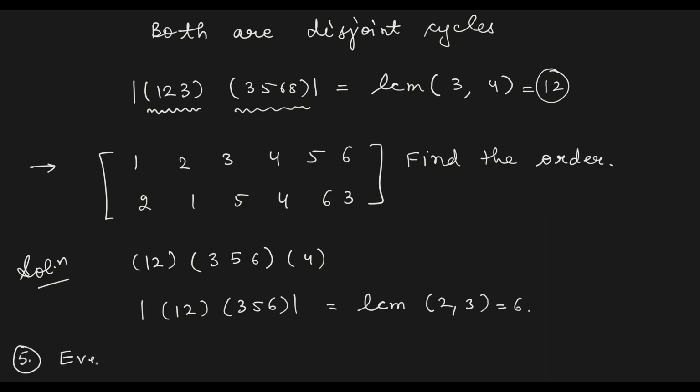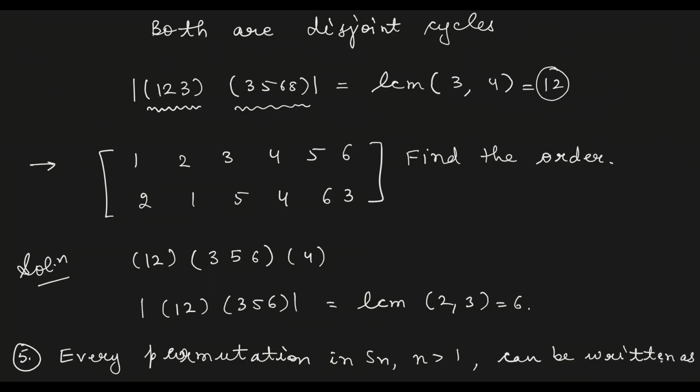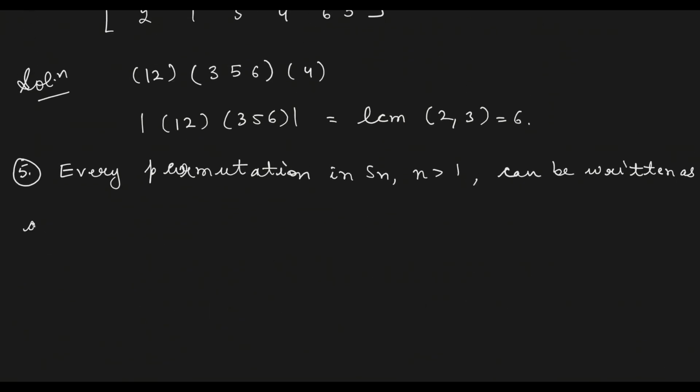Next, every permutation in Sn, n greater than 1, can be written as a product of two cycles.